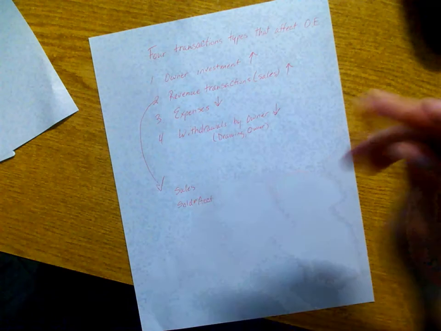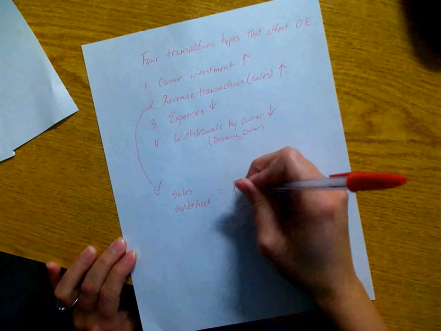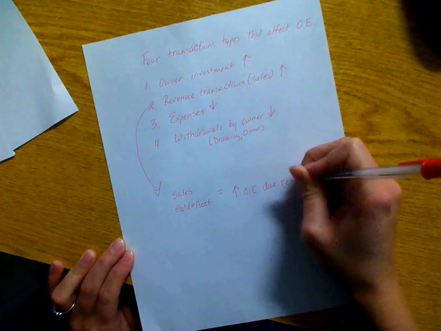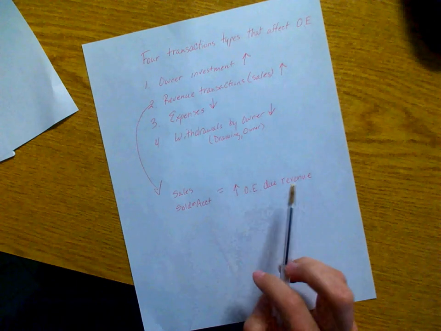And this is my tiny little word on in between there. And like I said, those are going to increase owner's equity due to revenue. So you may not actually see the word revenue on your test or on your homework, you're going to see sales and sold on account, but that's what revenue is.